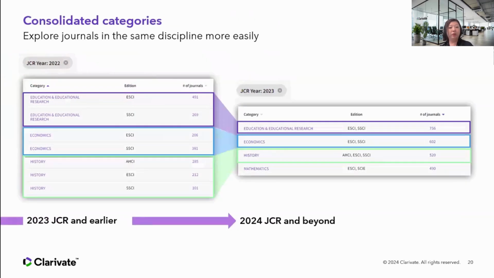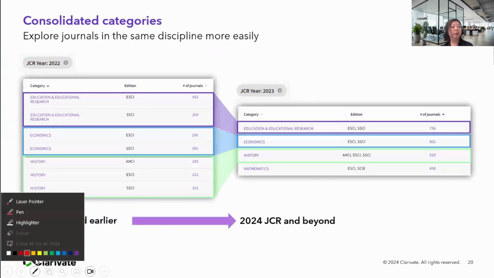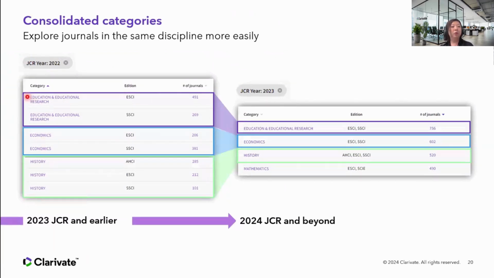This year, we have consolidated the subject categories. If you have used Journal Citation Reports before, you might realize that there were usually two lines or results when you were searching for a particular category. This is because one category can appear in two editions, for example ESCI and SSCI. And that has led to a bit of confusion for users or researchers, asking why you need to differentiate.